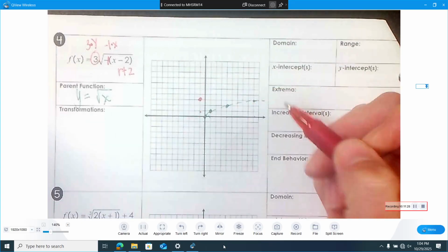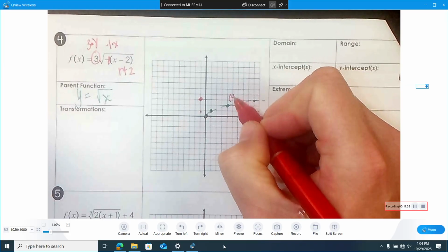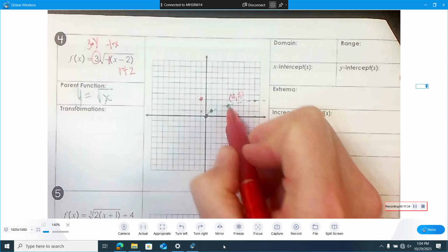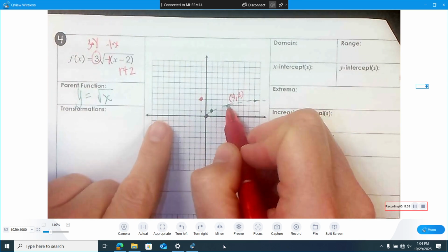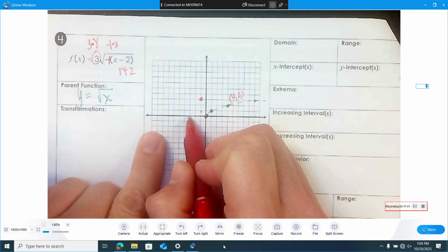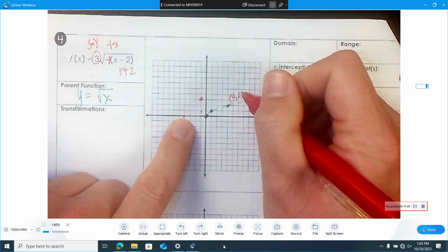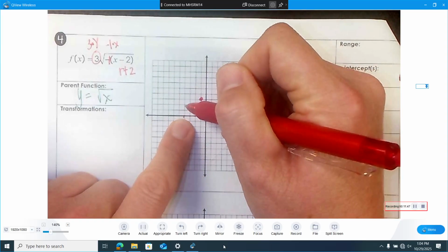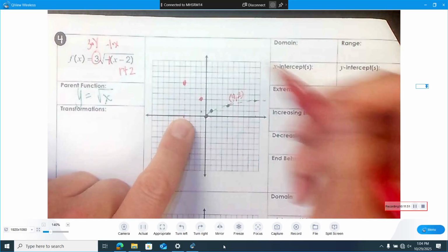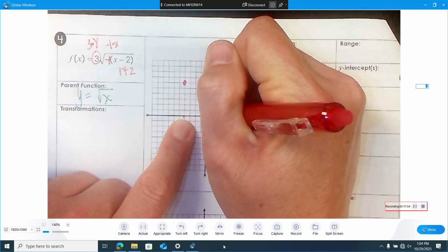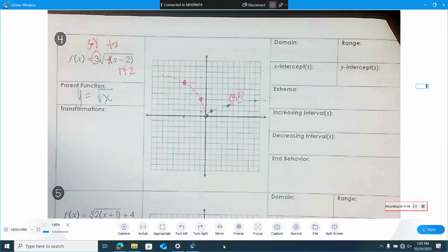Very good. All right, 0, 0 is still there. What about this point? This point is 4, 2. So the x becomes negative, so that's going to become negative 4. And then we're tripling our y, so 6. 1, 2, 3, 4, 5, 6. Very good. All right, so there's that. Interesting. Okay, so there is our stretched and flipped horizontal reflection there.